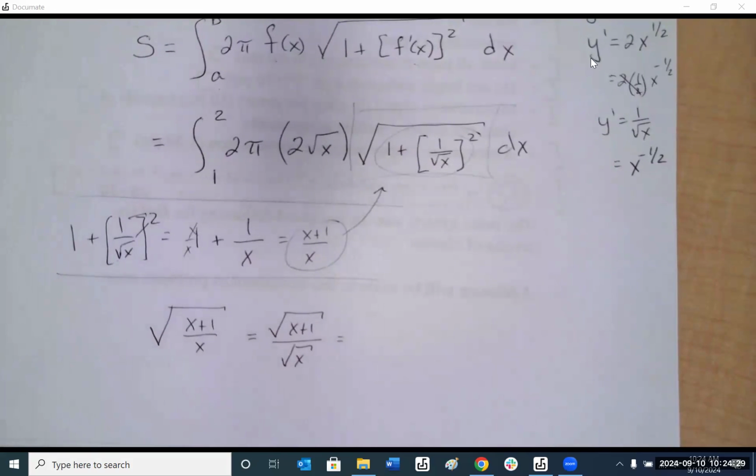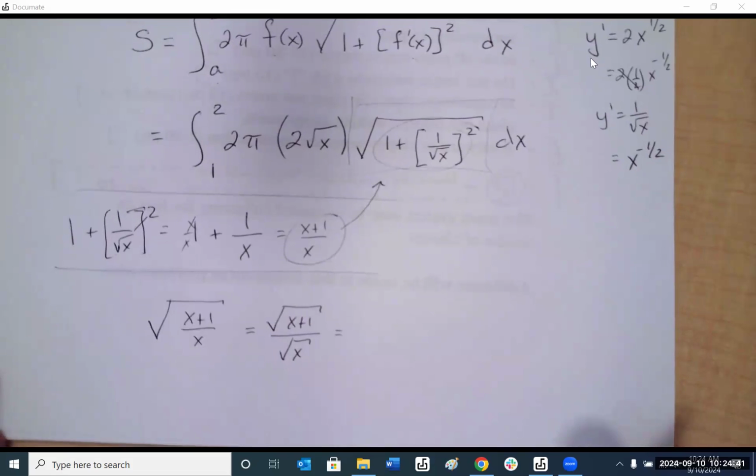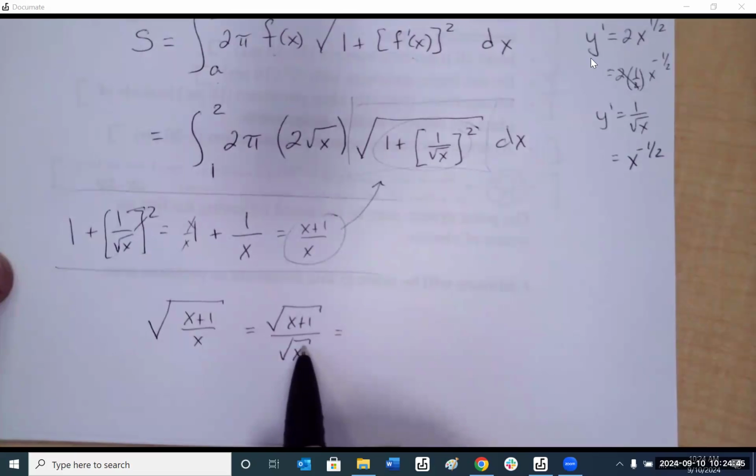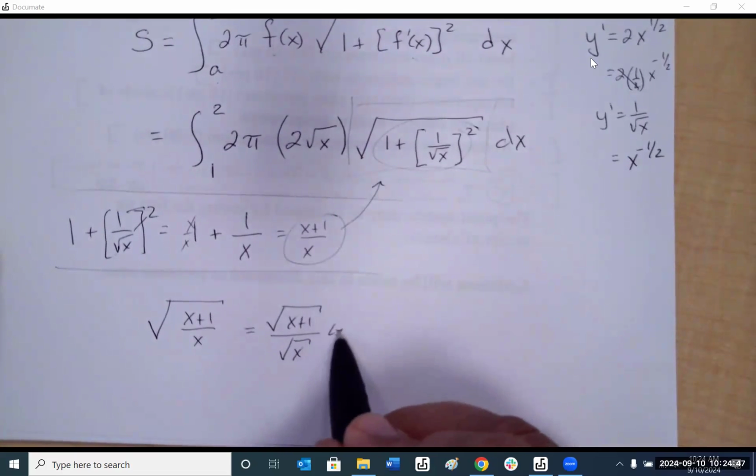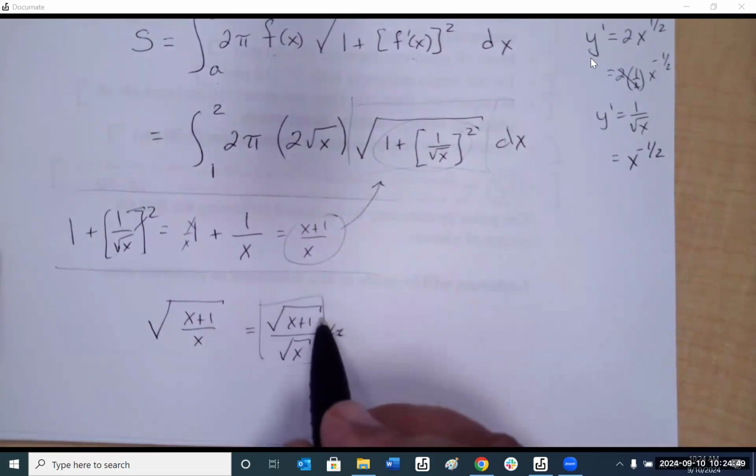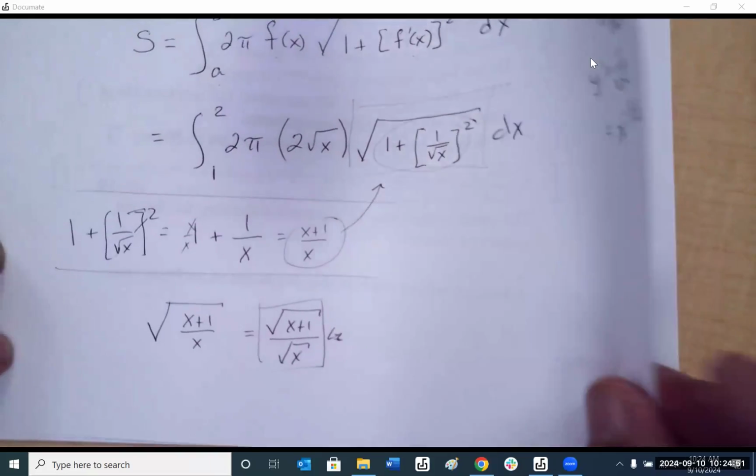So what do we do with that now? Where do we go from there? Well, let's take this and plug it back into our equation.